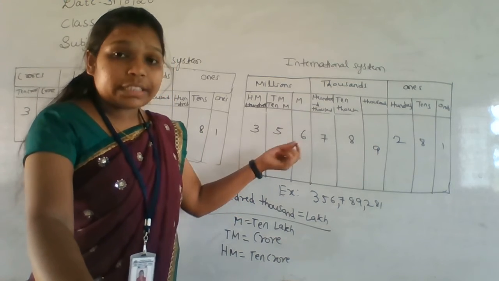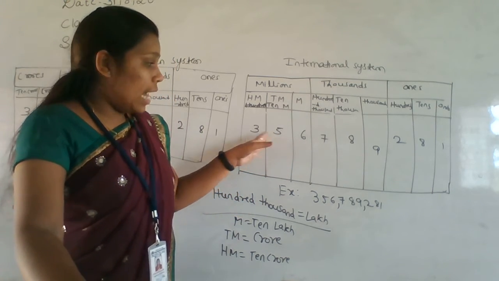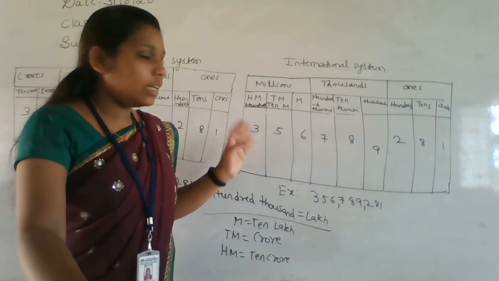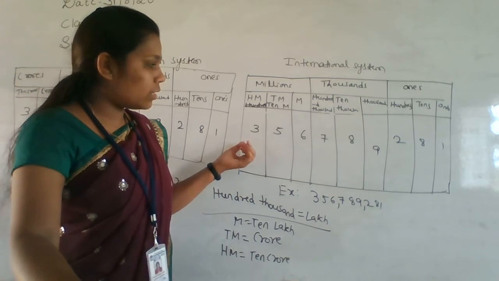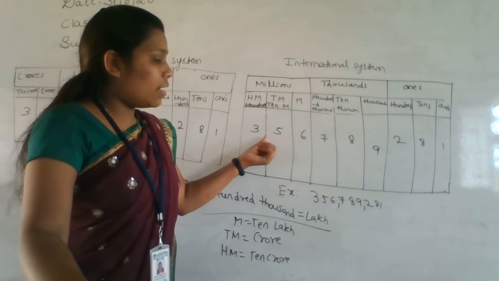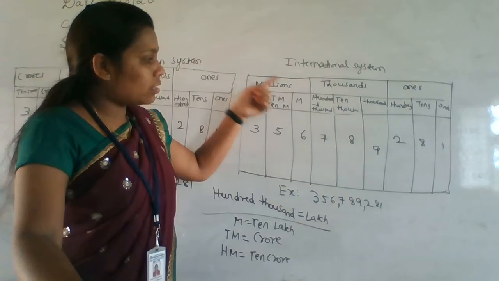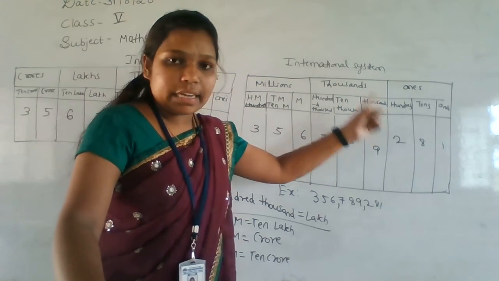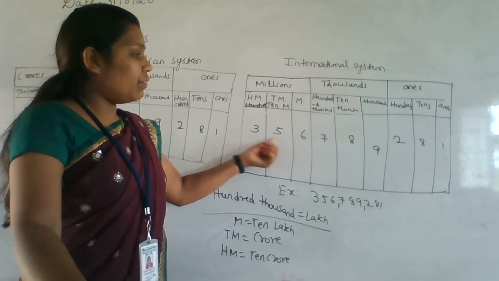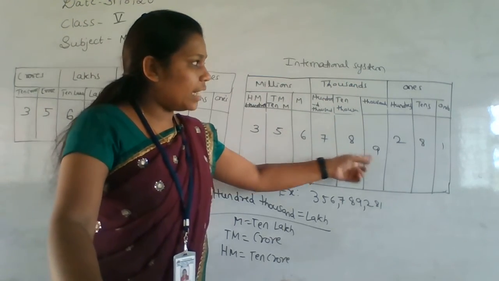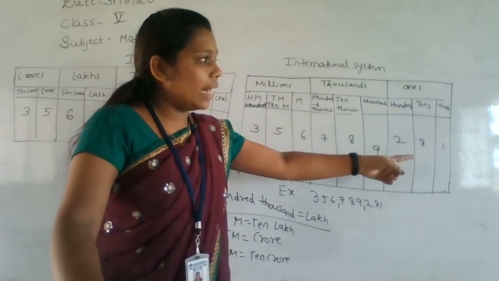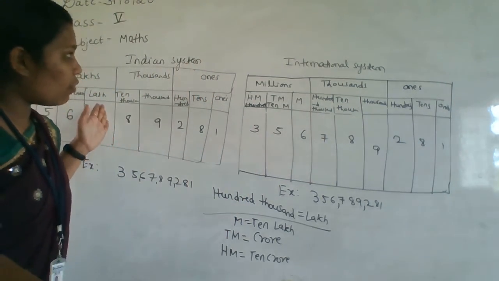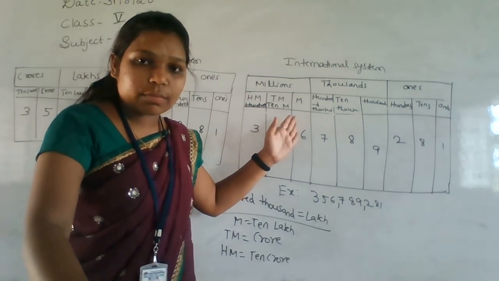If there are no 3 digits, and only 2 digits are there at the start, then you can say 56 million, like that. But here we have all 3 digits, so just read it: 356 million 789,281 ones. Okay, so this is the Indian system of numeration and this is the international system of numeration.